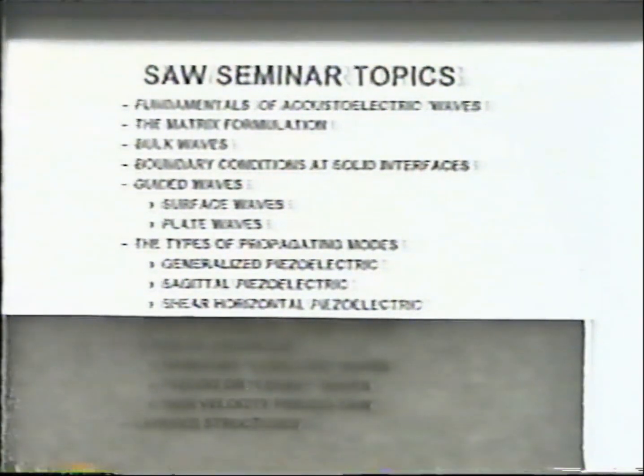So sagittally polarized waves are those which have their particle field components, the displacement fields, in this plane. The shear horizontal ones are those that are perpendicular to this plane.